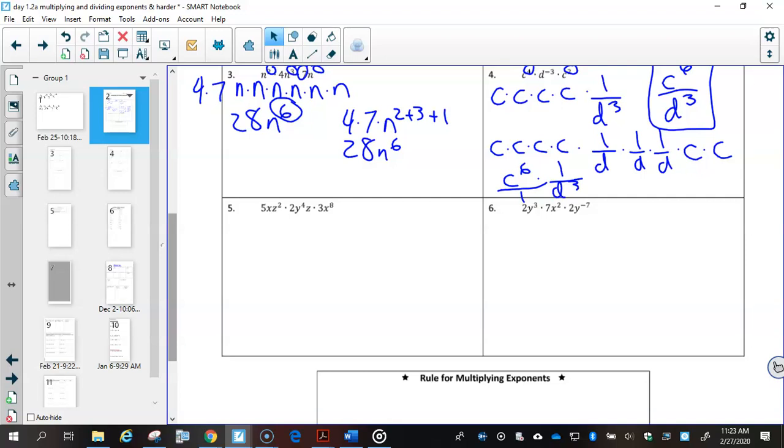Or we can keep expanding until you guys come up with a rule. Some of these are going to get really big really fast. What are we doing? Coming up with a rule. We know we can add the exponents, but we can't add them always.